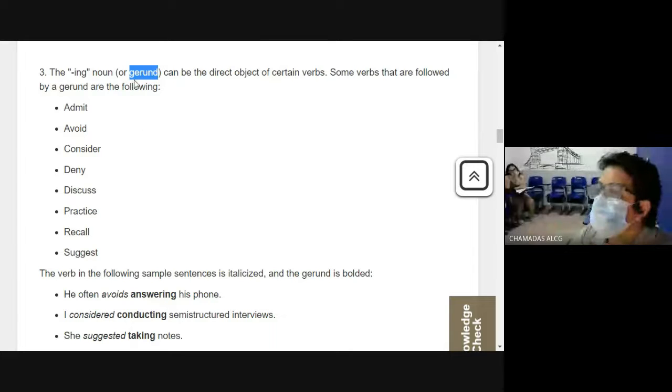So let me repeat this information. The word gerund in English is not gerúndio in Portuguese. Okay? So what does it mean? Gerund means verb as a noun. This is the idea. This is the meaning of gerund. When I use a verb as a noun, not as a verb. Okay?